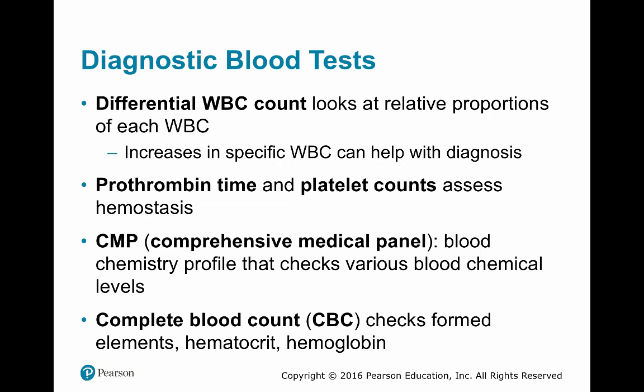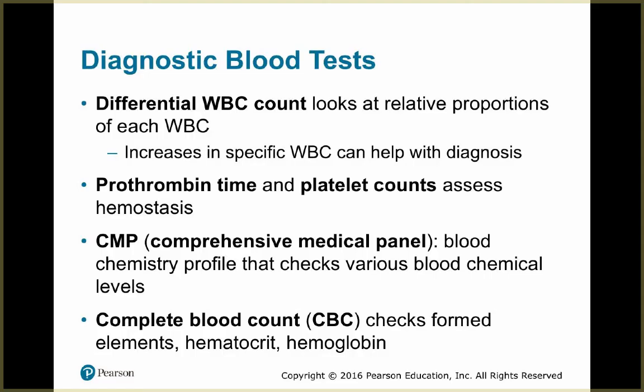And for instance, the Comprehensive Medical Panel, the CMP, can help you determine maybe if you have a liver or a kidney disorder. So blood tests can tell you overall health easily.